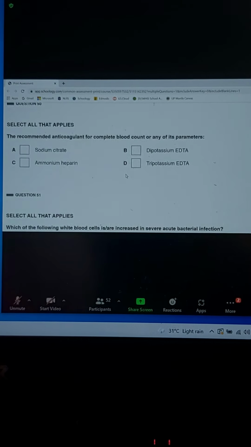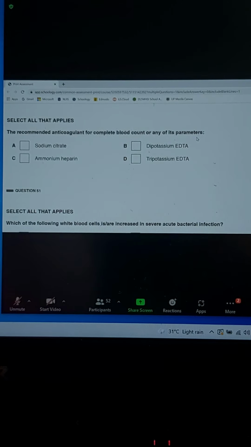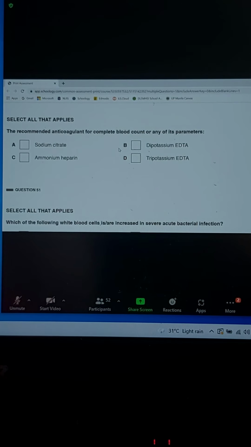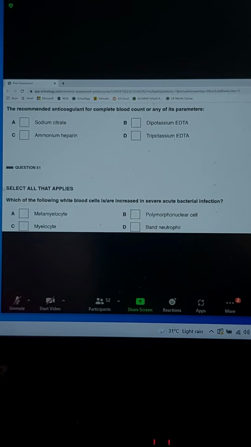And then question number 15. So the recommended anticoagulant for complete blood count or any of its parameters. B and D. Yung may EDTA, no? So either dipotassium or tripotassium EDTA. Kailan lang tayo gumagamit ng heparin sa hima?